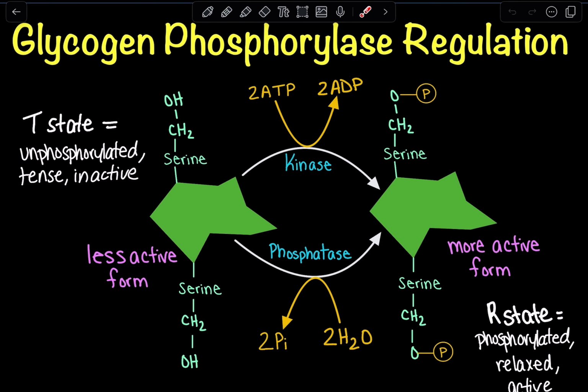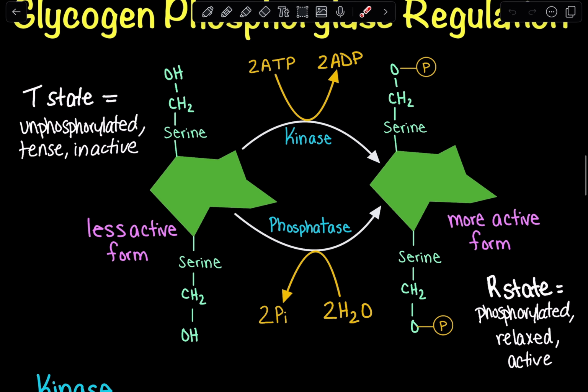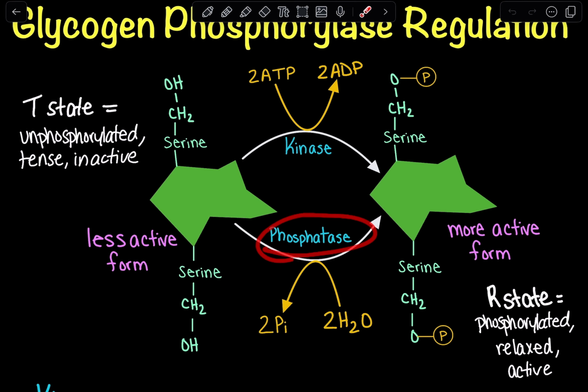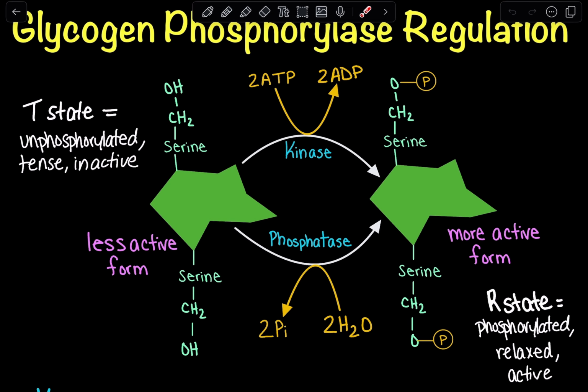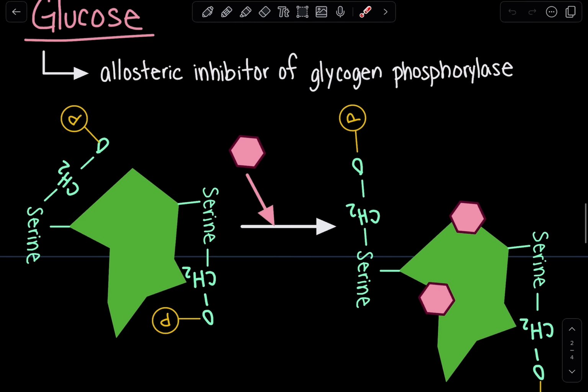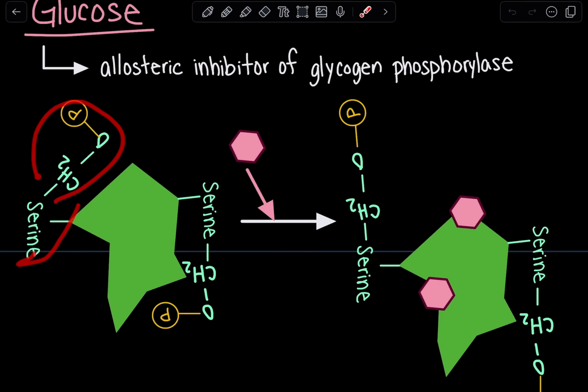How do we inhibit this enzyme? Well, the simple way to put it, we utilize a phosphatase, and the phosphatase is going to remove that phosphate group, which is found on the serine, and as a result, it becomes less active or inactivated. But what we have to understand is that these phosphate groups are not accessible to the phosphatase.